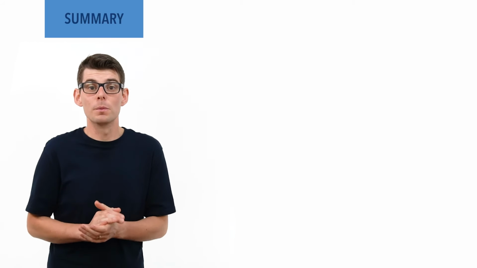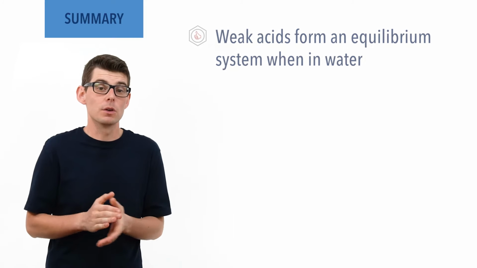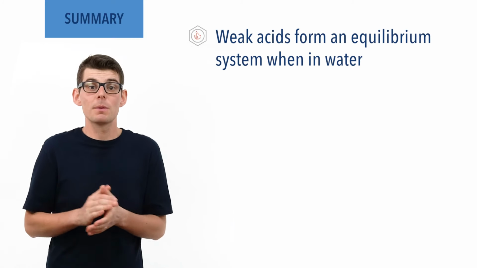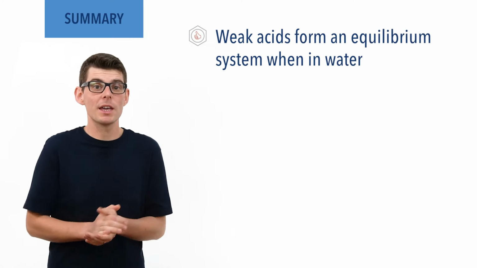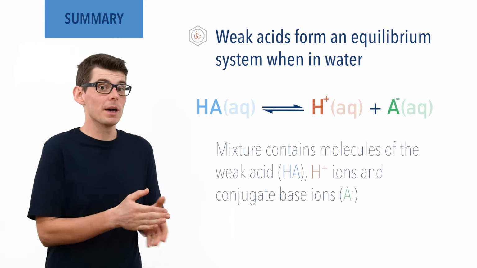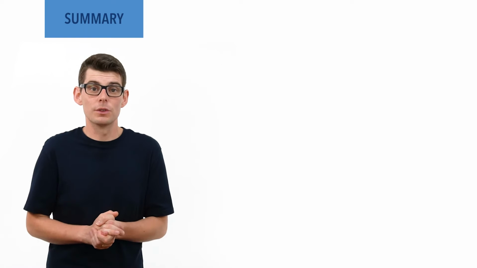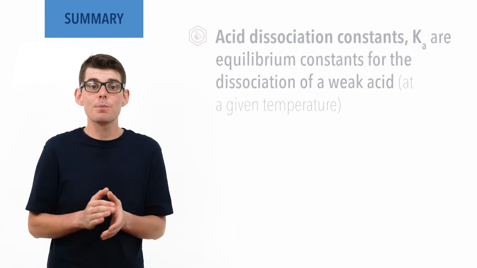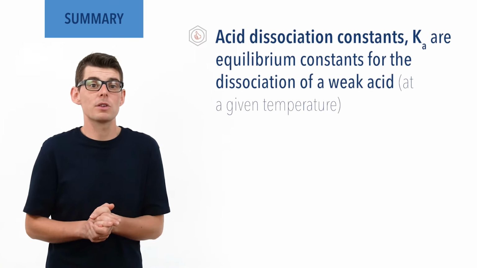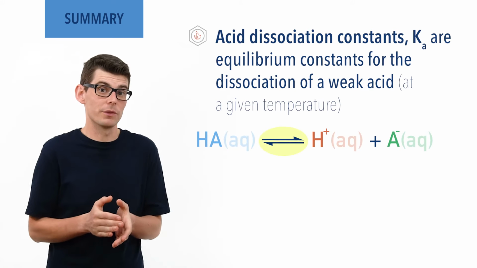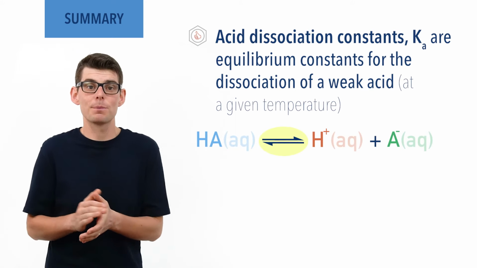So, to summarize, weak acids form an equilibrium system when they dissolve in water. The equilibrium is between weak acid molecules, HA, their conjugate base ions, A-, and H+ ions. Acid dissociation constants, Ka, are equilibrium constants that describe the position of equilibrium for the dissociation of a weak acid at a particular temperature.